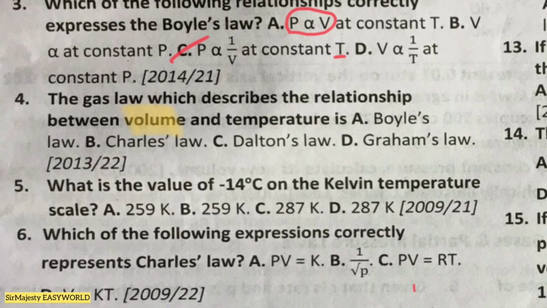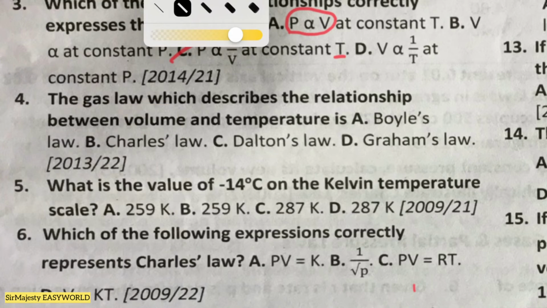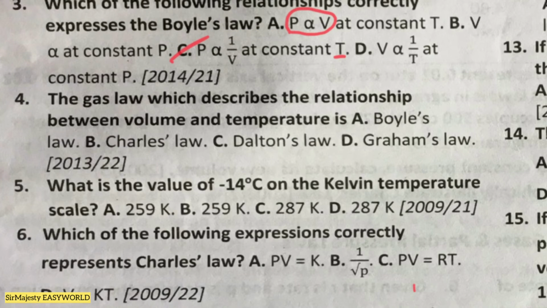Boyle's law does not consider temperature and volume. Rather, what Boyle's law considers is volume and pressure at constant temperature. So that's not Boyle's law. Rather, this is Charles' law.